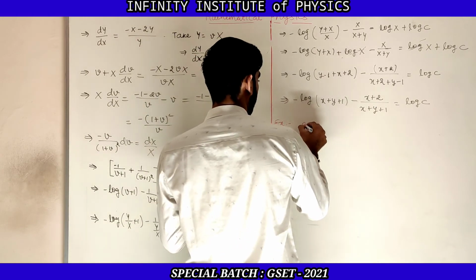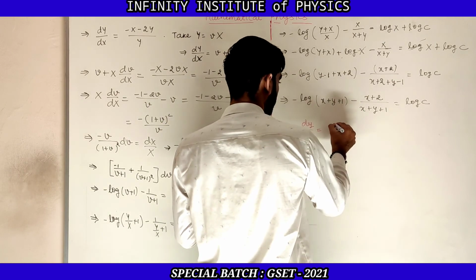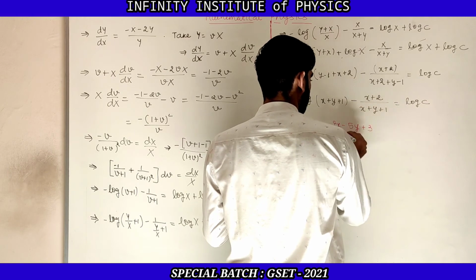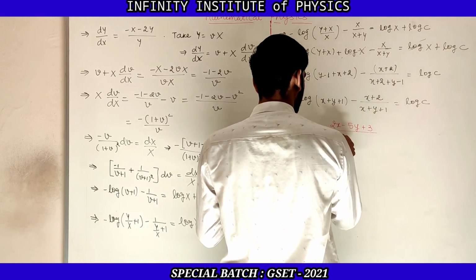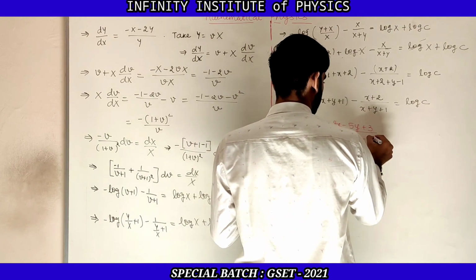Second is dy by dx, which is equal to (2x minus 5y plus 3) upon (2x plus 4y minus 6).